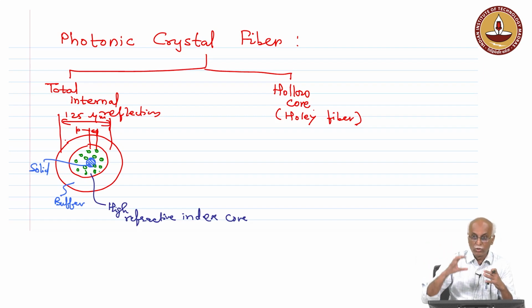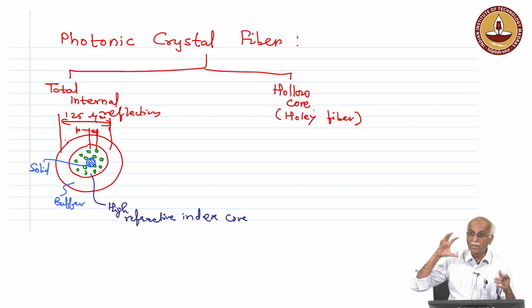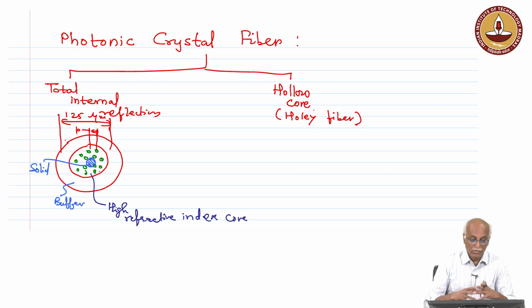So, what is done? The pump beam is coupled into the larger diameter core, while the gain medium is constrained within a small region where the interaction is intense. So, when the pump light propagates through the overall core, it will interact with the gain medium effectively.